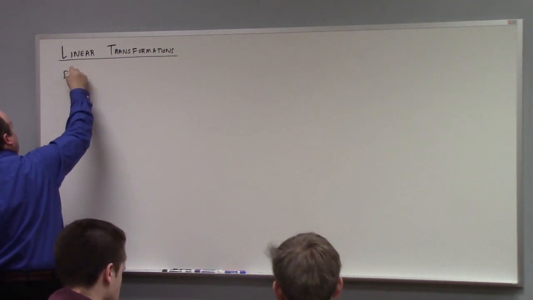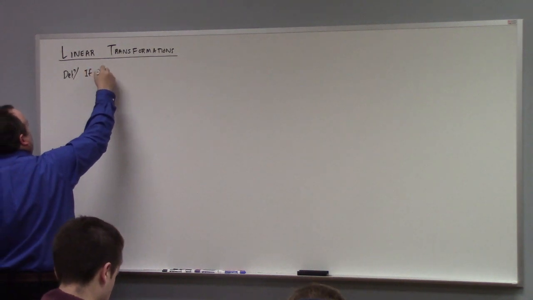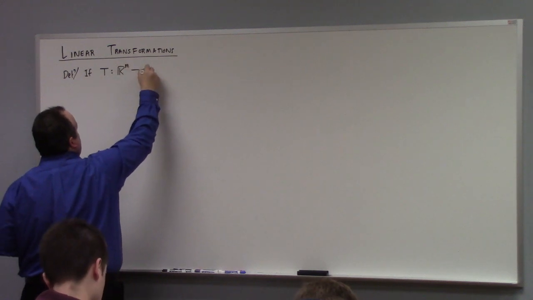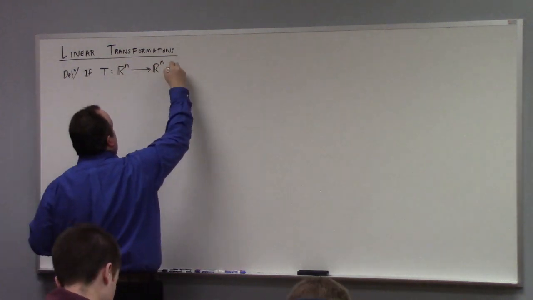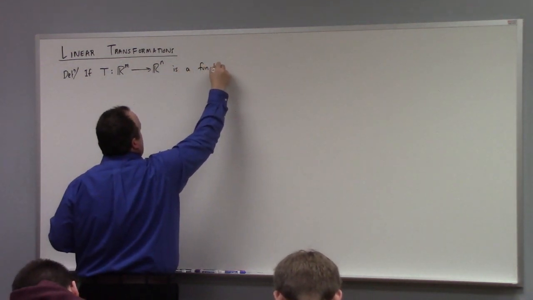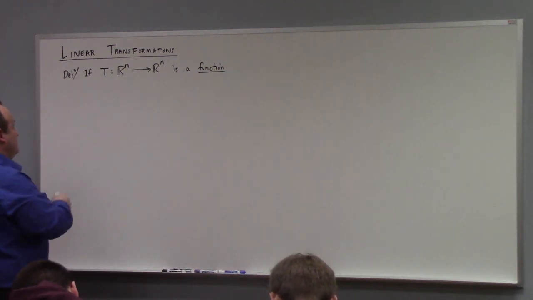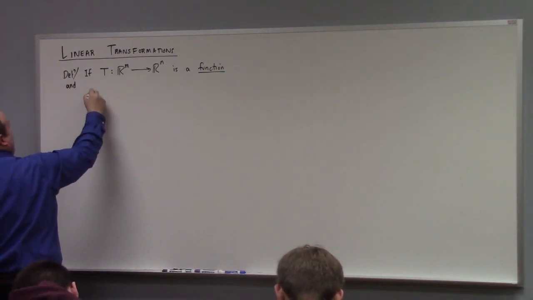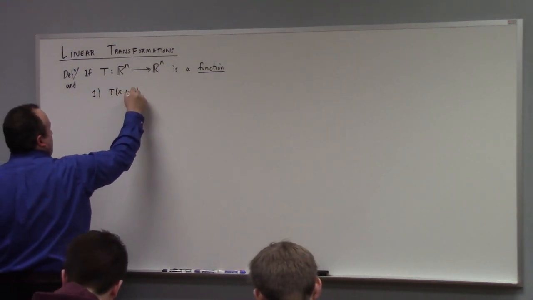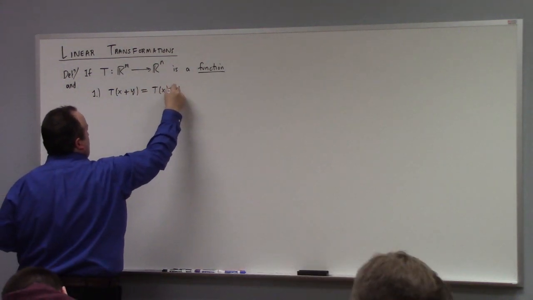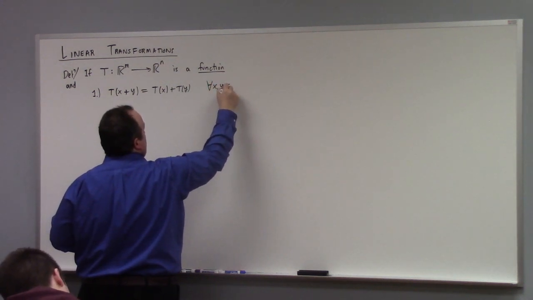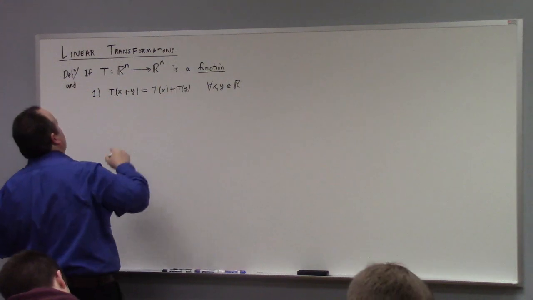So here's the definition for us. If T is a function from Rm to Rn, is a function, number one, T of x plus y is T of x plus T of y for all x and y in... oh man, just a second here.